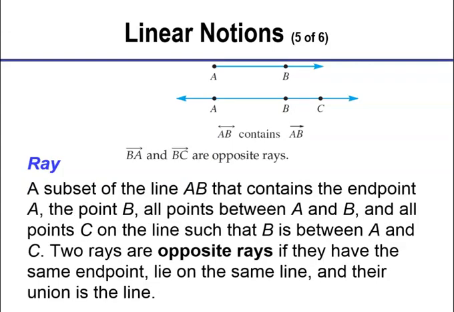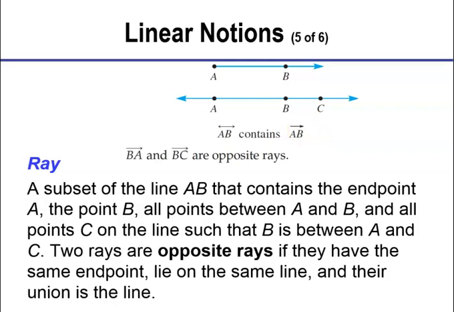A ray is a subset of the line AB that contains the endpoint A, the point B, and all points between A and B. So notice if you look at the first line that we have here, which is not truly a line, that's a ray. You see how it extends forever but only in one direction? And so you would note that as ray AB.